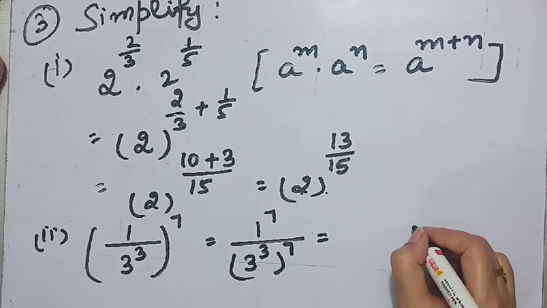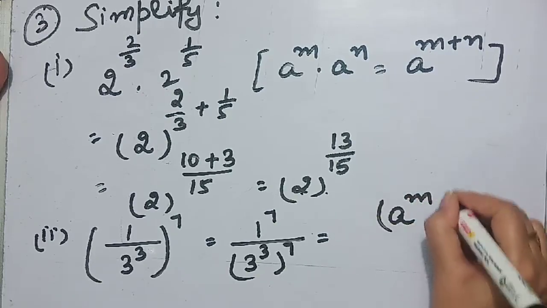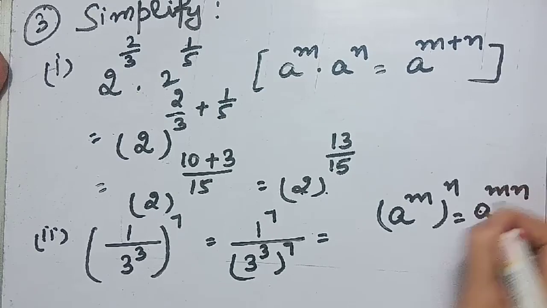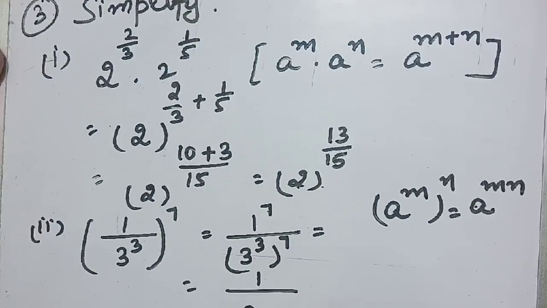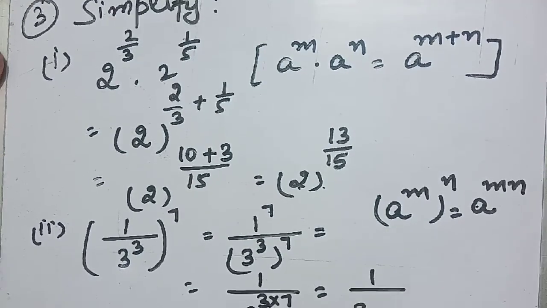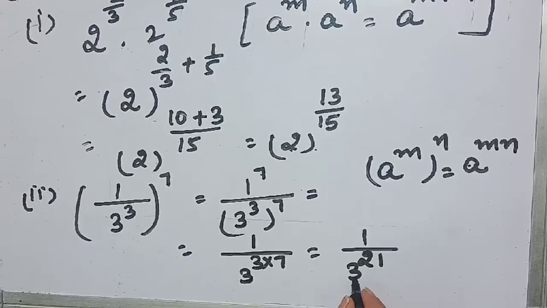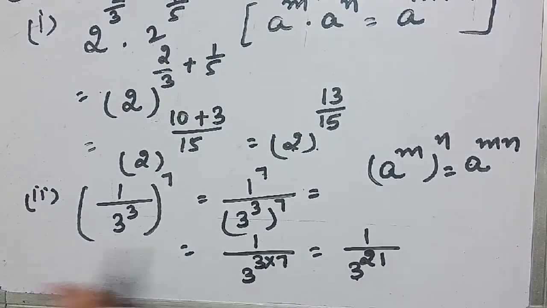You have learned this identity in questions first and second: a power m raising to power n is equal to a power mn. Now 1 power 7 is 1, and 3 power 3 multiplied by 7. Now the answer is 1/3 power 21, 3 sevens are 21. Now 3 is a prime number, it cannot be factorized. This is your answer. Now the second part is completed.